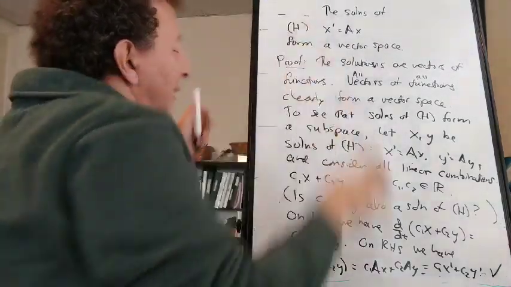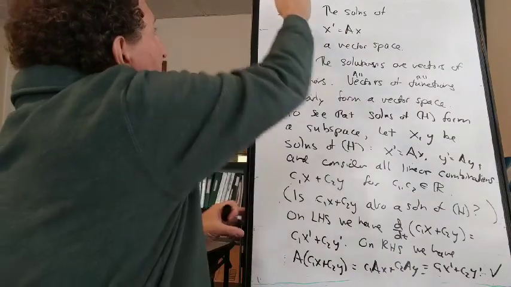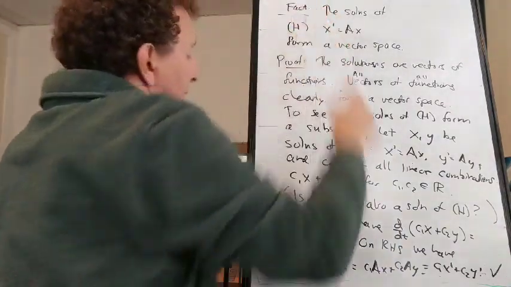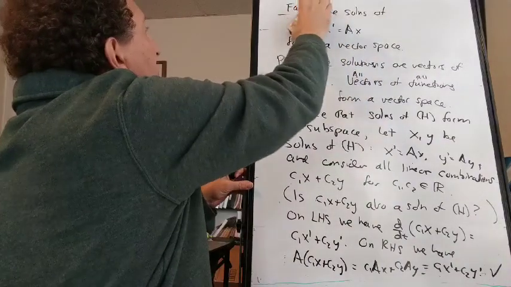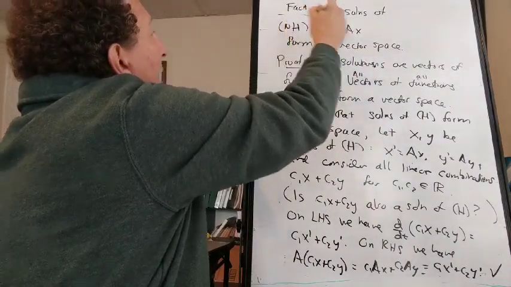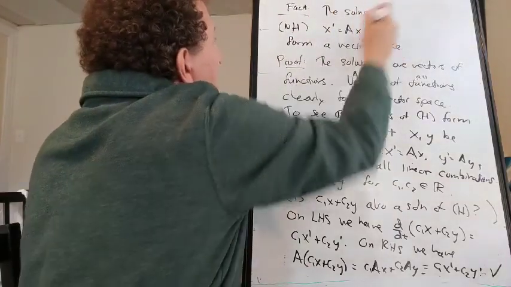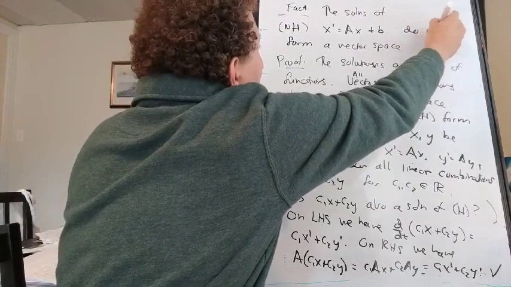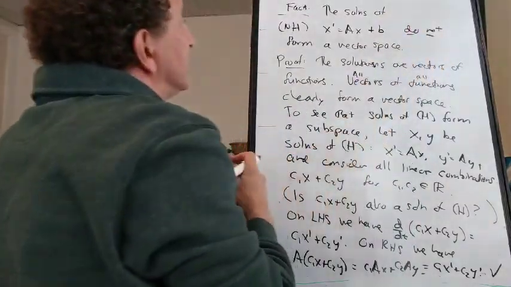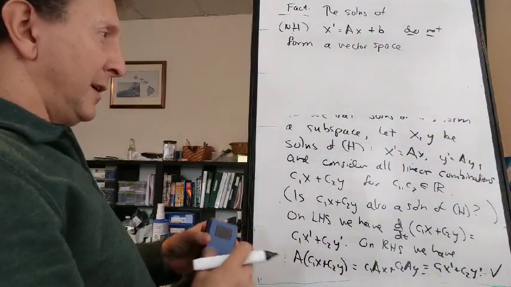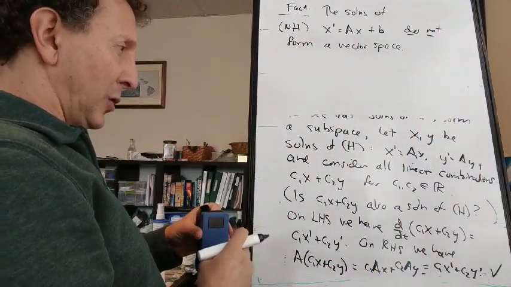And even though we're concentrating on homogeneous systems, let me just mention a fact. The solutions of a non-homogeneous system like this do not form a vector space. So this proof relied on the system being a homogeneous system.